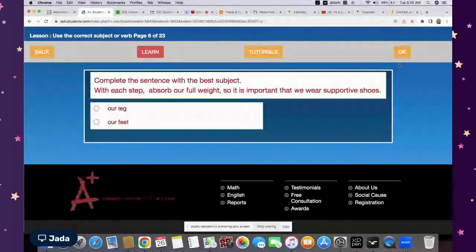So, what's the best subject? Our leg. Please send in your answers for this one. What's the best subject here?